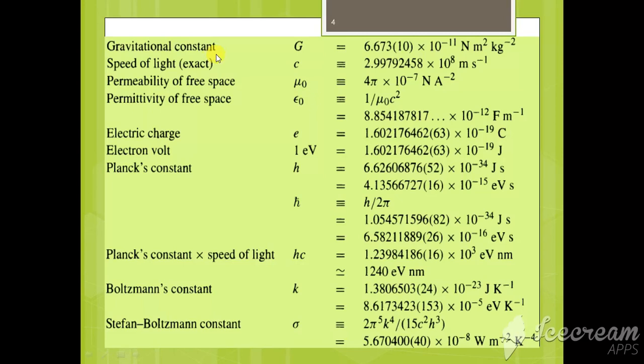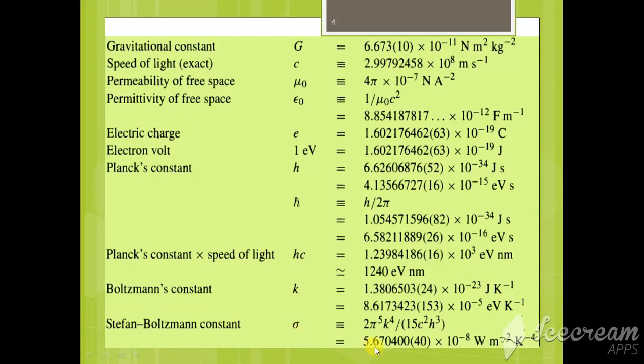There are other useful constants, and these are used in the study of astrophysics and study of solar physics, like gravitational constant, speed of light, permeability and permittivity of free space, electric charge, electron volt, Planck constant, reduced Planck constant h bar is equal to h upon 2 pi, Planck's constant into speed of light, Boltzmann constant k, and Stefan Boltzmann constant sigma.